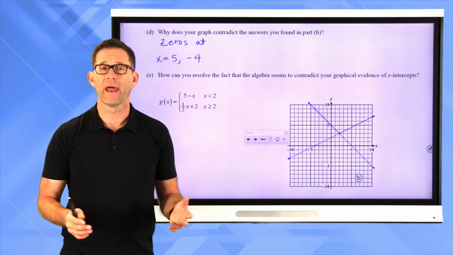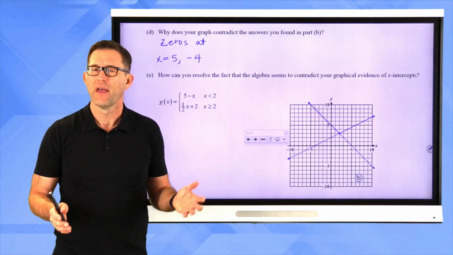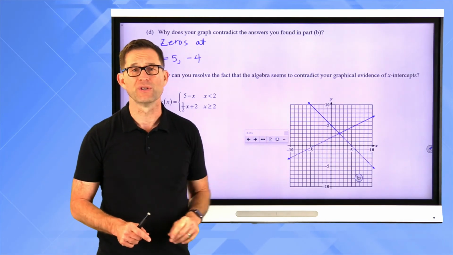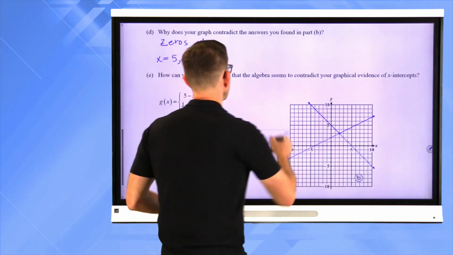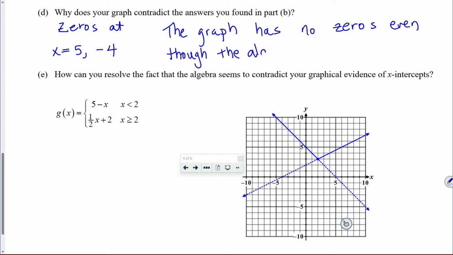Now, I'm not asking why it happens. I'm just asking, what do you see that's contradictory here? And what I see is that when I look at this graph, the solid filled in portion, there are no zeros, right? The graph has no zeros, even though the algebra found 2 of them.